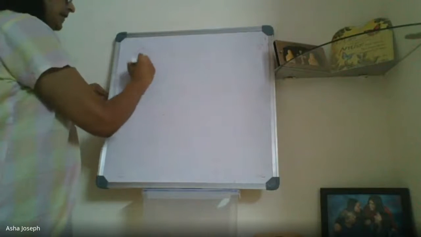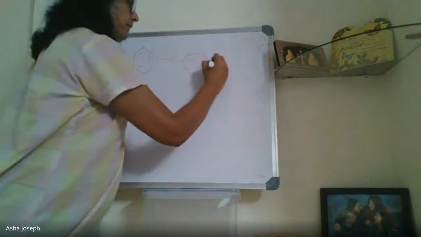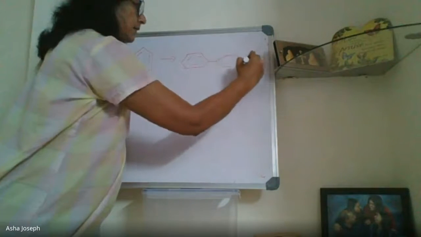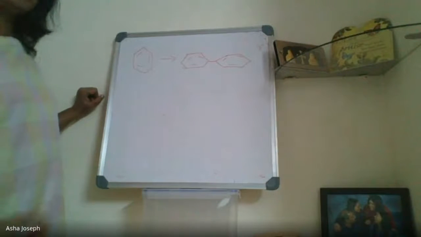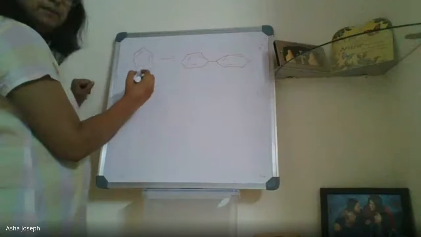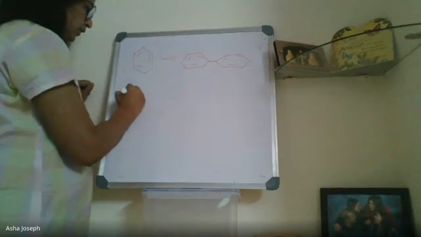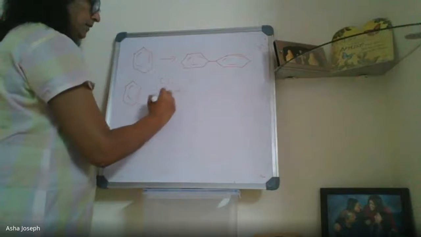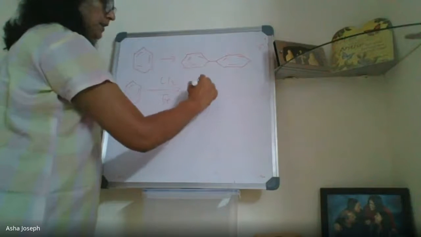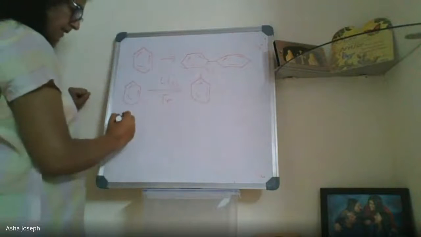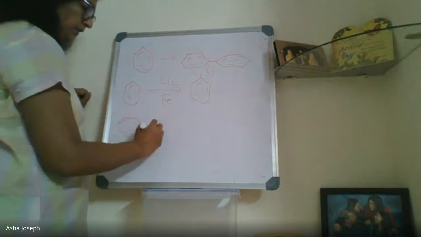This is benzene. Biphenyl is this. So first we have to convert benzene to chlorobenzene, isn't it? First convert benzene to chlorobenzene, with chlorine in presence of iron, a halogen carrier. You will get chlorobenzene. Then you will take 2 molecules of chlorobenzene.